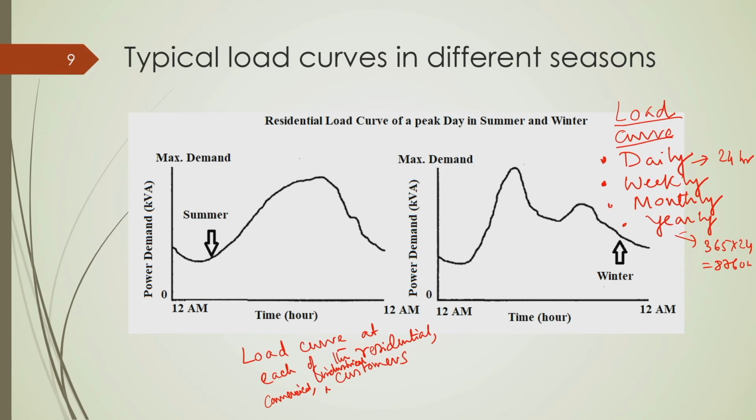And when we have a network with a number of residential, commercial and industrial customers, then overall this load curve is basically the aggregation of all the load curves of all the different types of customers.